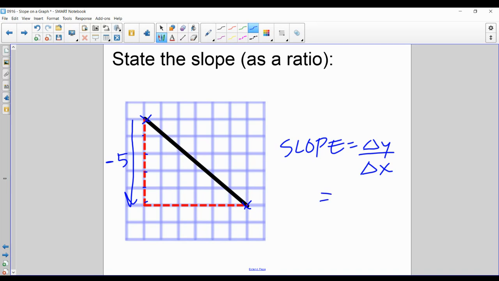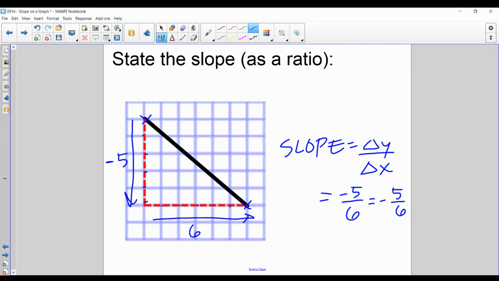So I'm going to have a slope of -5 over 1, 2, 3, 4, 5, 6. That can also look like this, with the negative associated with the numerator, which tells us the up or the down. But I can also have the negative out front.